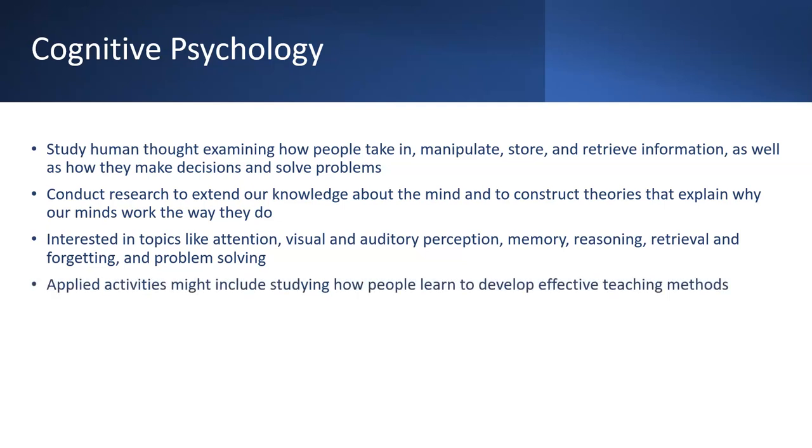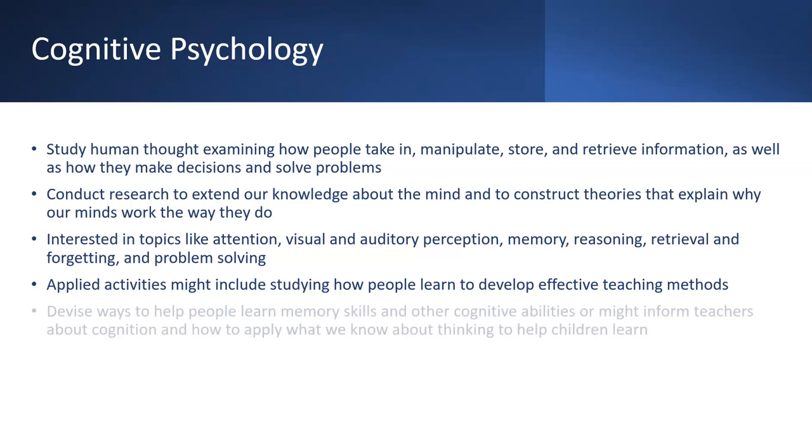Some applied activities that involve cognitive psychology include studying anything related to learning. So cognition and cognitive psychology more broadly, they may work in applied areas designing teaching and learning methods.